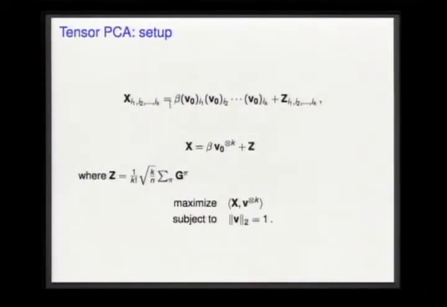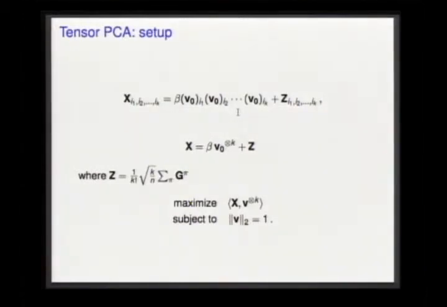And here again, we can consider a model which is similar to the last one. It's again a spiked model. We have a noise term Z, again indexed by the same indices, and we add a signal that is similar to the rank 1 signal we had before.